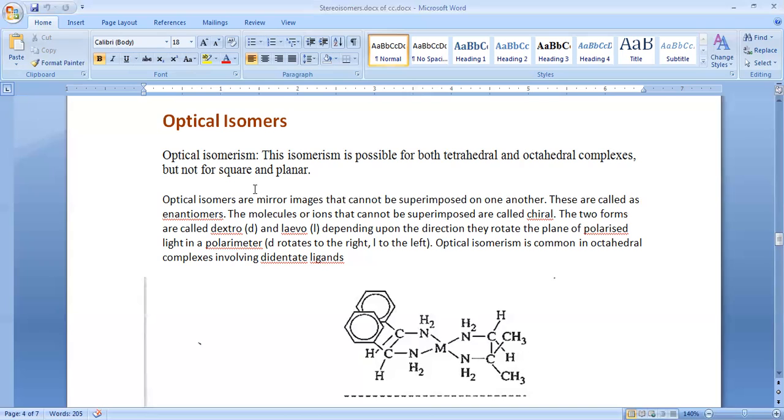Out of these two, only tetrahedral geometry exhibits optical activity, or gives optical isomers, whereas octahedral, or coordination number 6, compounds also give optical isomers. Next, these optical isomers are mirror images, but those mirror images are not superimposable. Those are called enantiomers.